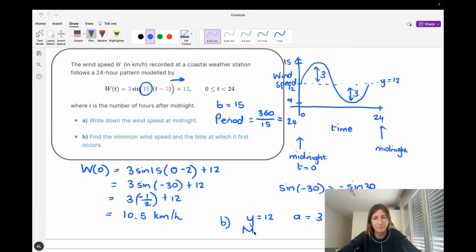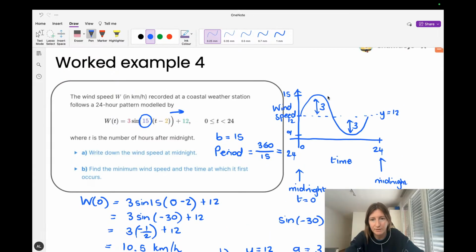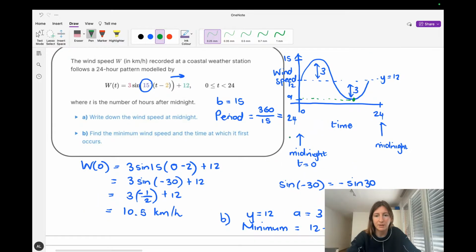So to find the minimum wind speed, it's just 12 minus 3. So 9 kilometers per hour. But on our graph, it's really nice and clear. Here being 12 minus 3, amplitude leaves us at 9. So in case that was too fast or you missed that, there's our minimum value at 9, 12 minus 3.